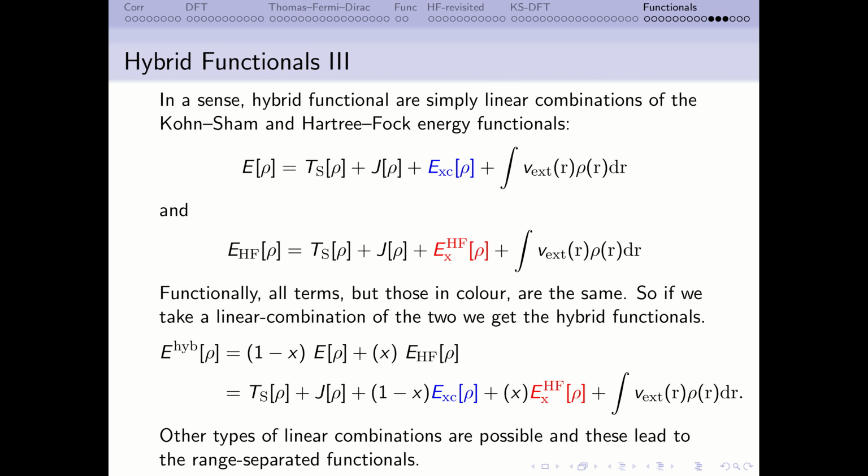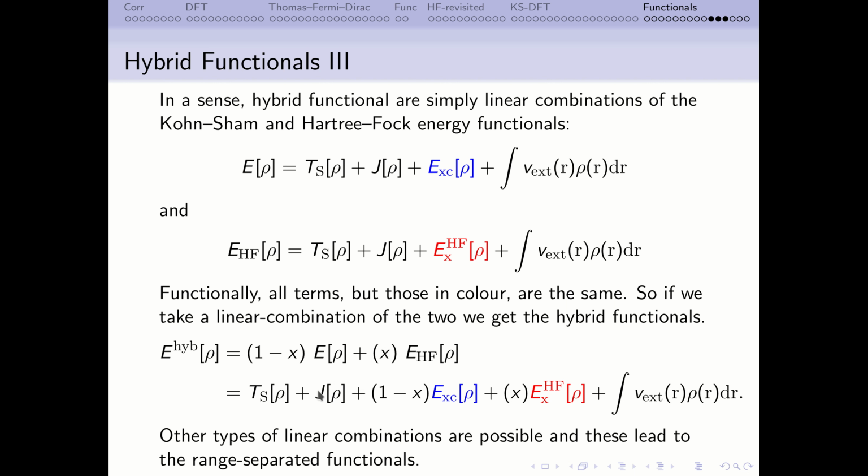So, can we understand why these hybrid functionals should exist? And there's quite a simple way. Let's have a look at our Kohn-Sham and Hartree-Fock energy functionals. On the first line here, we've got the Kohn-Sham energy functional, and then we have the Hartree-Fock energy functional. Let's take a linear combination of these two. Let's define a hybrid functional to be 1 minus x of the Kohn-Sham part and x of the Hartree-Fock part.